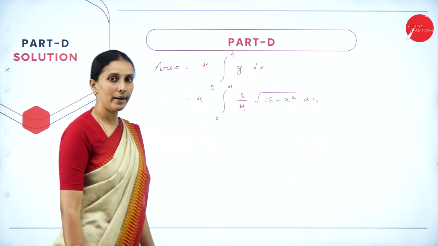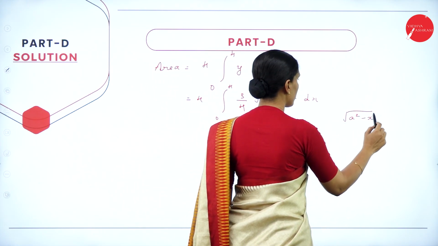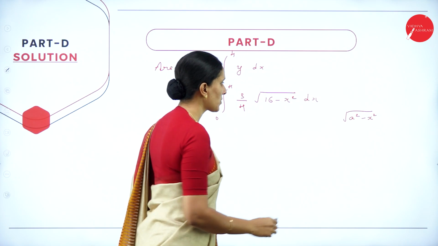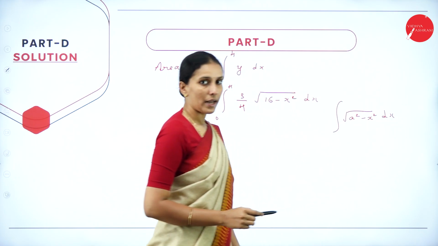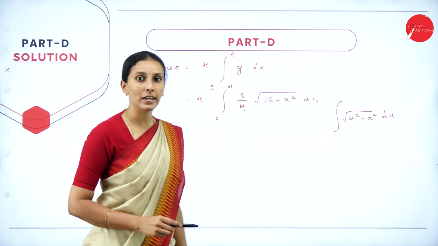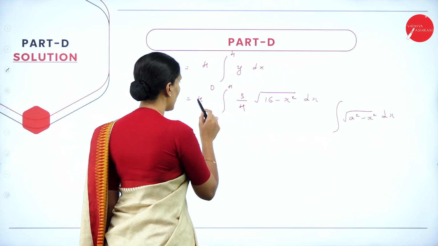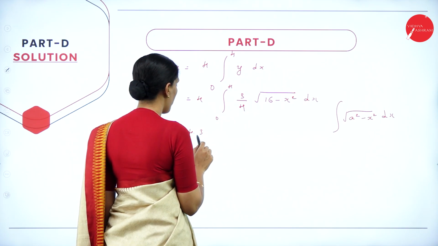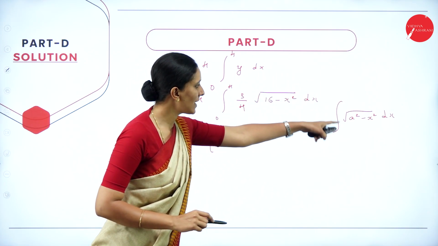We know the standard integral of root of a square minus x square, which can be written as x by 2 root of a square minus x square plus a square by 2 sine inverse x by a. If we apply it here, keeping 3 by 4 outside the integral, this is in the form of the standard integral.